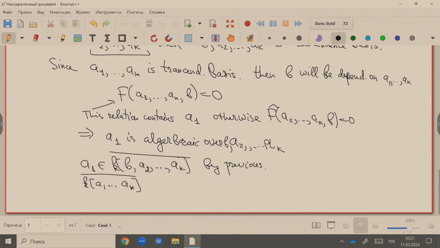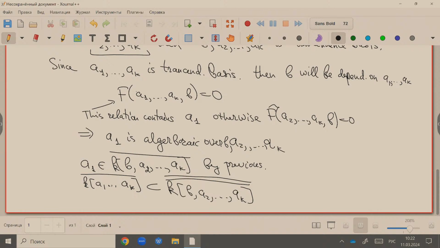this implies that the algebraic closure of these guys will be contained in the algebraic closure of the guys that have B, yeah? Because the algebraic closure of these guys is contained in the double algebraic closure.